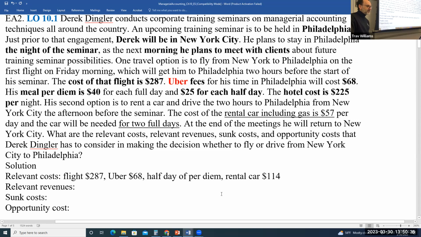Okay. Was anything mentioned about revenues? Not in this example. There were no revenues. There really weren't any sunk costs either. And there really were not any opportunity costs.